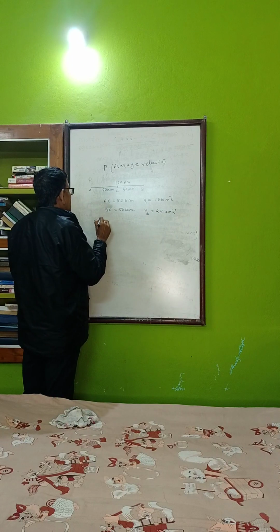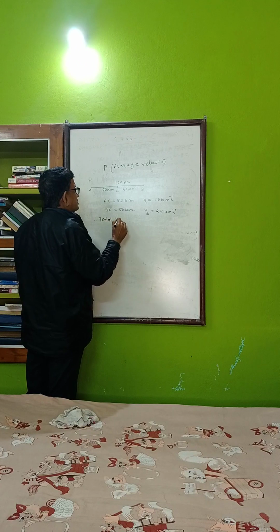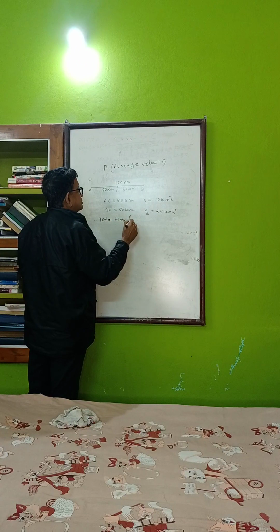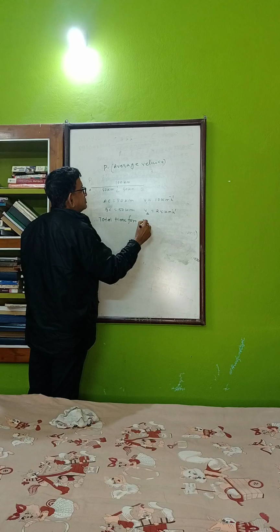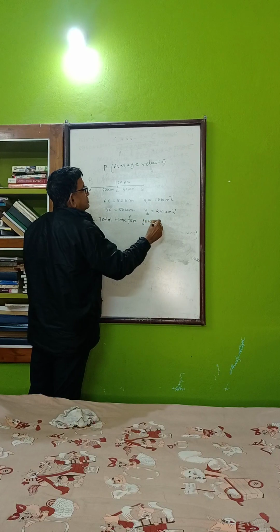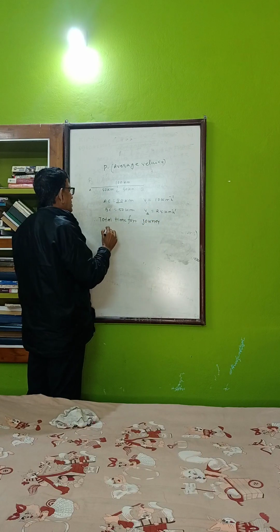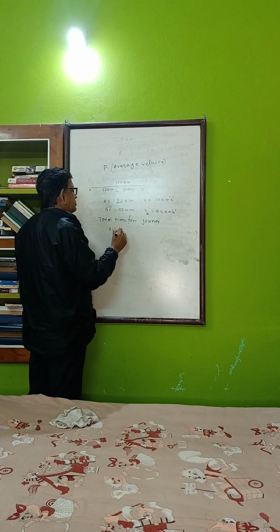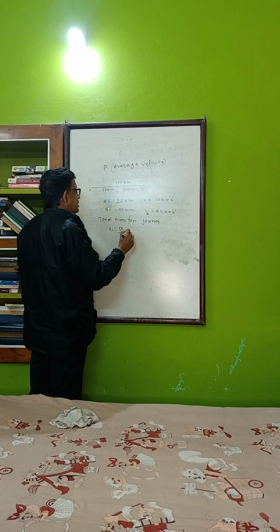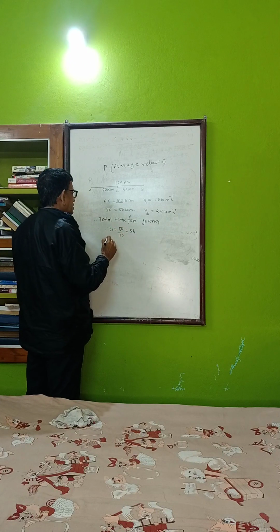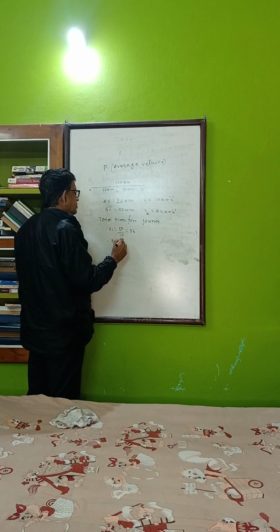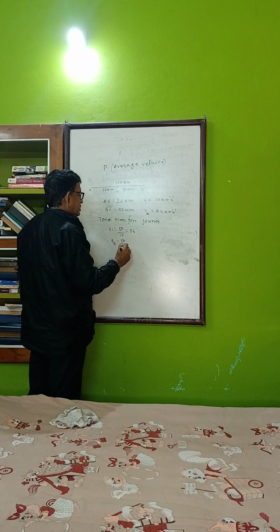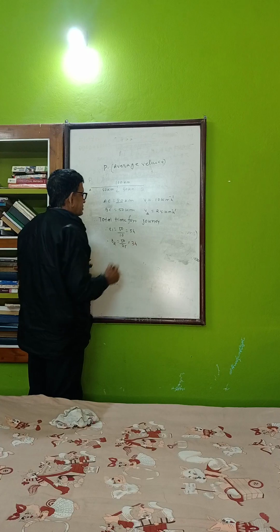Now total time for journey. For the first 50 kilometer you are getting time T1 equal to 50 by 10, that means 5 hours. Next journey T2 is 50 by 25, that is 2 hours.